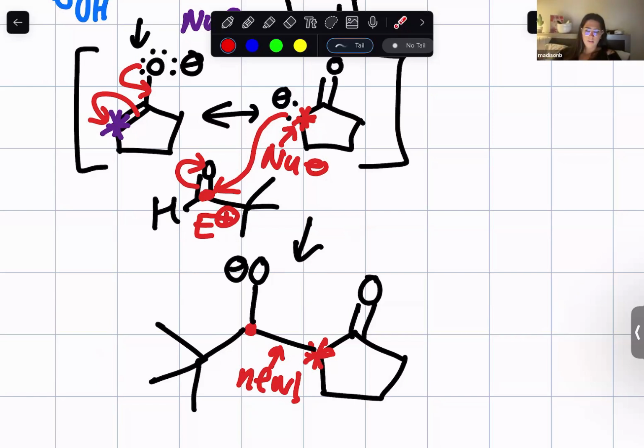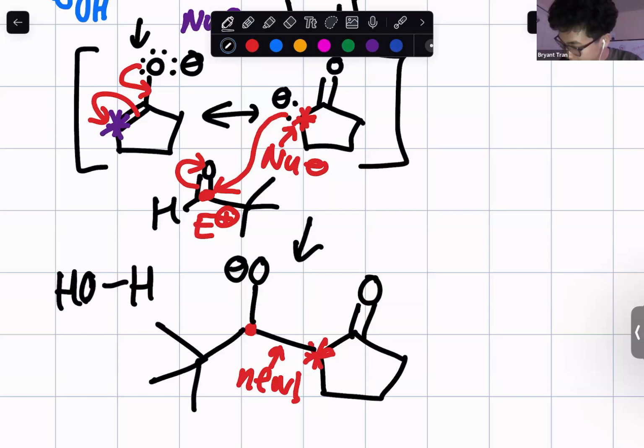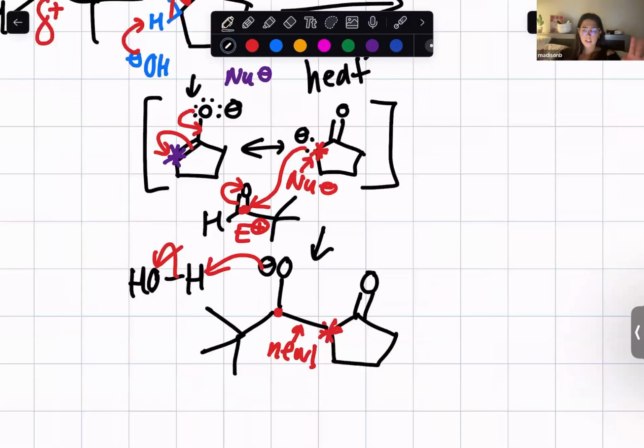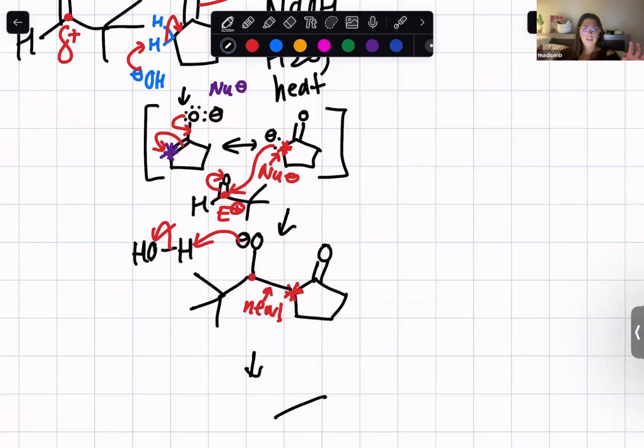Okay. Now, once we have this intermediate, what do you think is going to be next? I think we're going to have our side product. It's going to come in, we should have the water. Yep. And then the O minus grabs that. Is it correct to say that gets protonated?